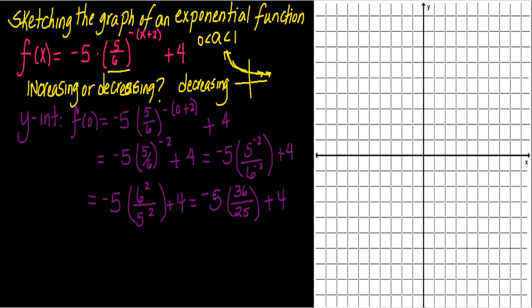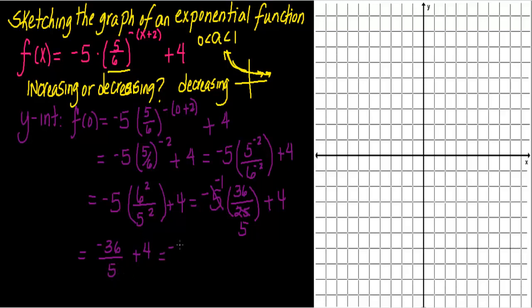Now we multiply by 5 here. We can cancel out a 5 here, and this leaves me with a negative 1 in the numerator. So that equals negative 1 times 36, negative 36, over positive 5 plus 4. And now we need to look for common denominators. The common denominator here is 5.